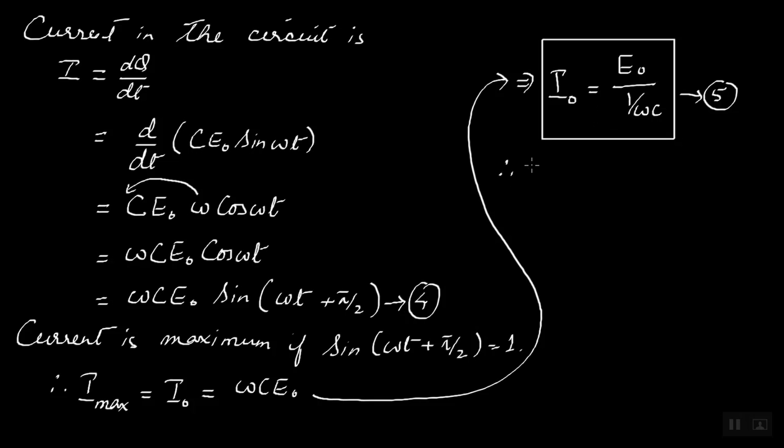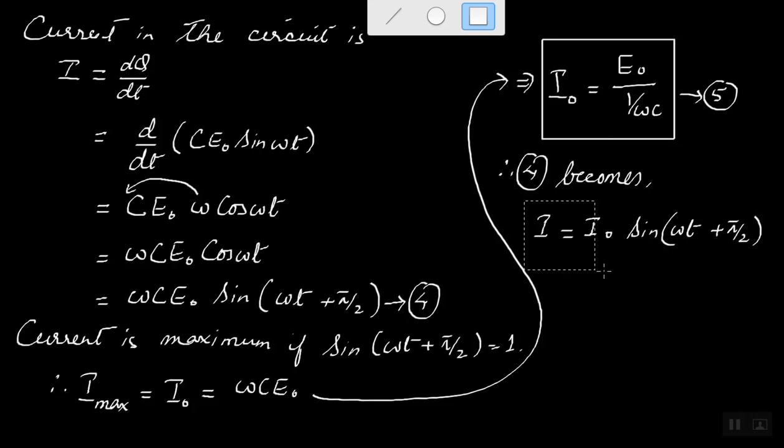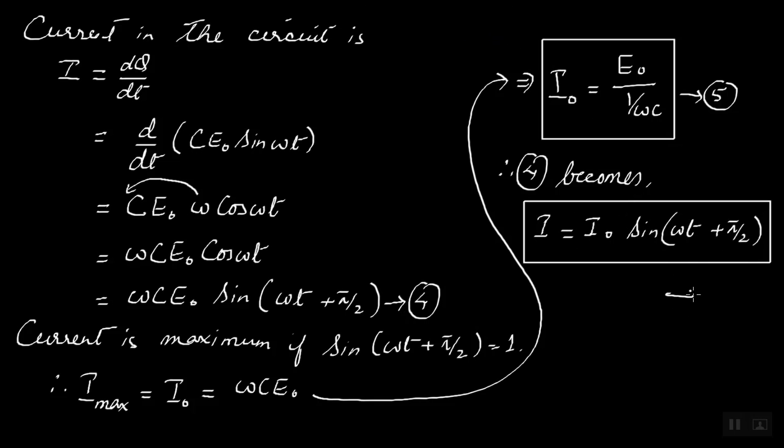Therefore, equation 4 becomes I is equal to I naught sine omega t plus pi by 2, which is the expression of the current in the circuit. Let's call this equation 6.